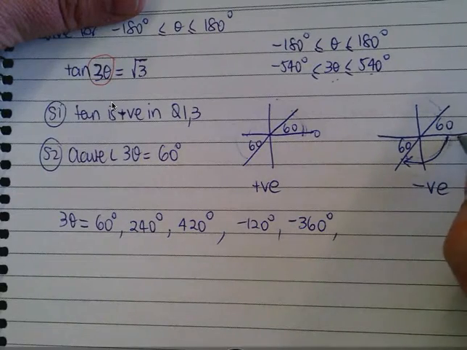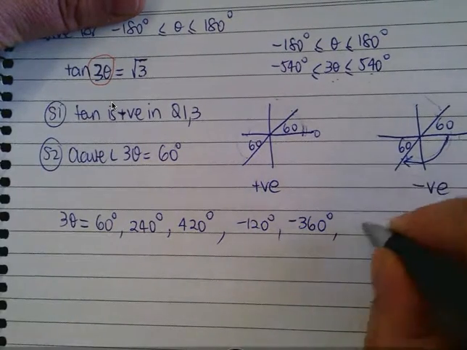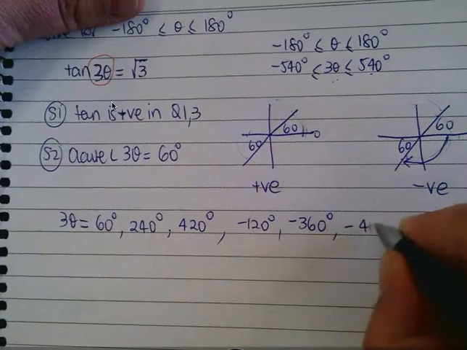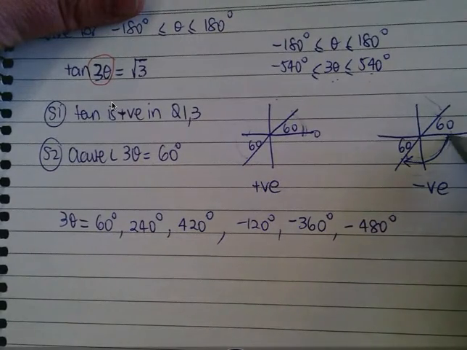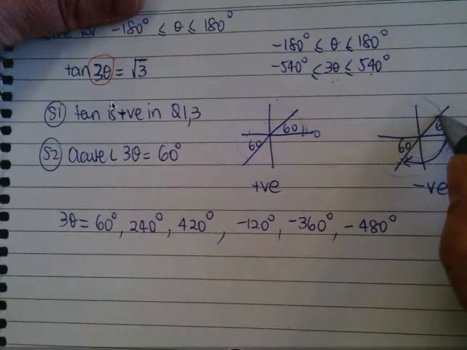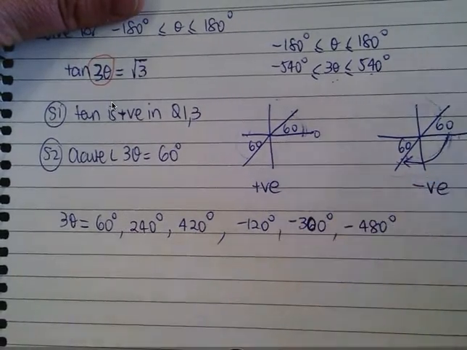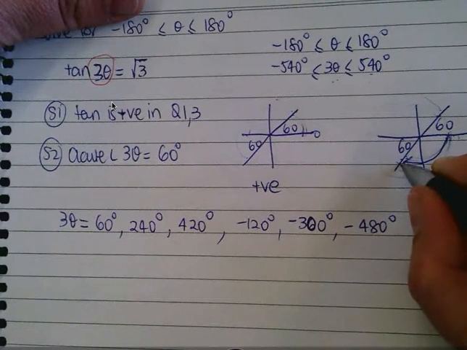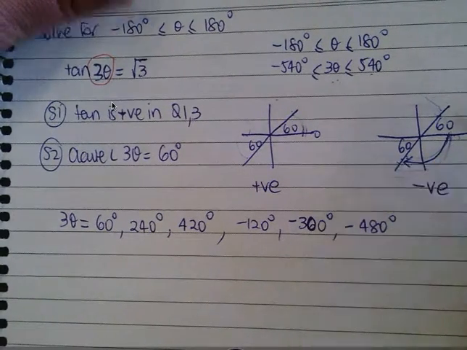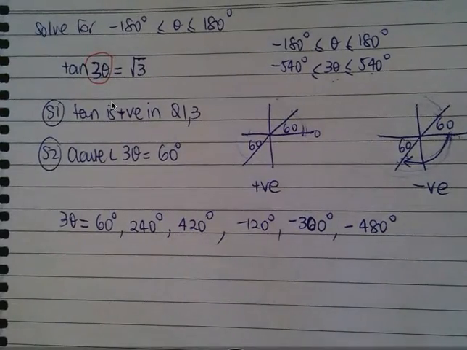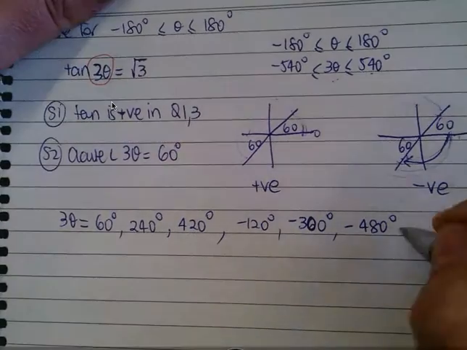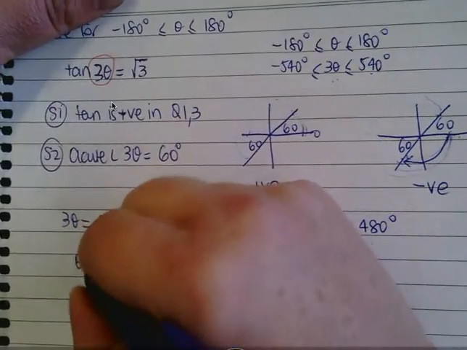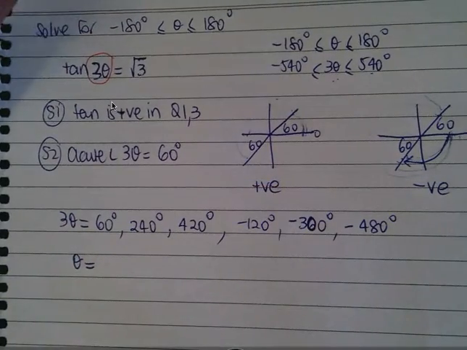Now, negative 120, negative 300, not 360, negative 300. Sorry. Then it's negative 360 and another negative 120. You got it? You're going in the negative direction for 360 and another one. So it's negative 480. So now all I do is divide them all by 3 this time.